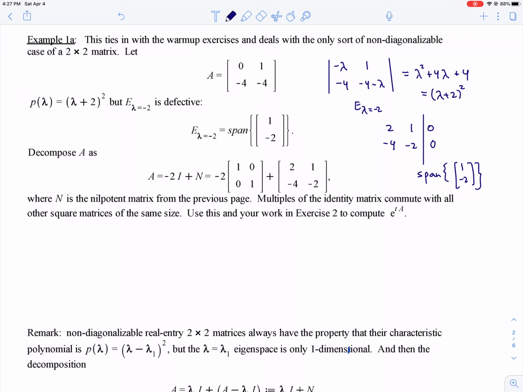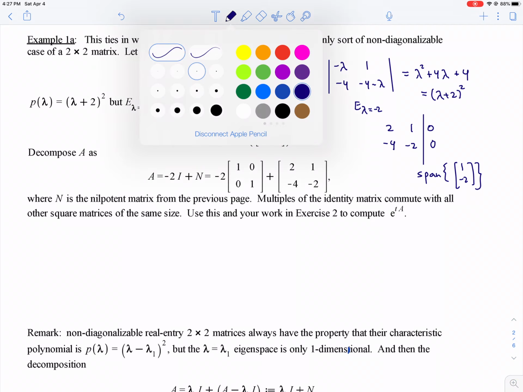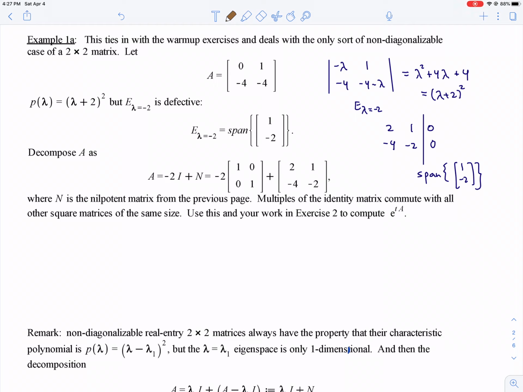And when we had a characteristic polynomial for a matrix where the power of the lambda minus lambda j term was bigger than the dimension of the eigenspace, then we called those matrices defective, and those were exactly the matrices which were not diagonalizable.